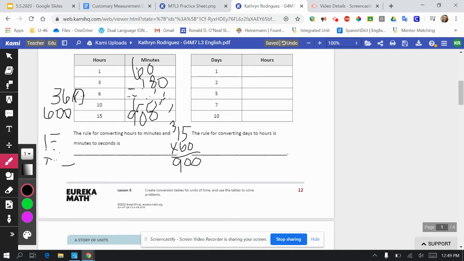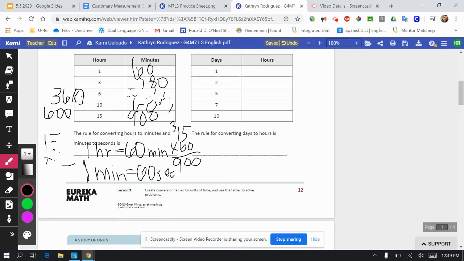The rule for converting hours to minutes and minutes to seconds is 1 hour equals 60 minutes, 1 minute equals 60 seconds. So it's the same rule for both.